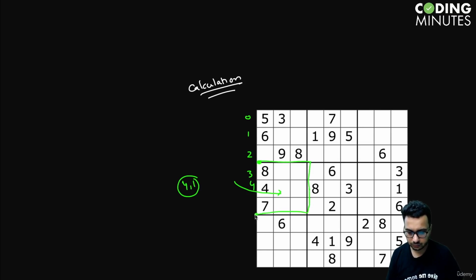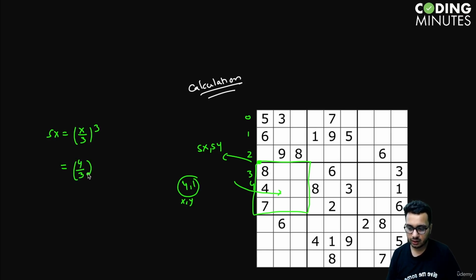If you look carefully, you can easily find out the subgrid. Let us say this is Sx and Sy, the starting point of the subgrid, and this is x comma y. So Sx would be nothing but x by 3 into 3. Let me show you. 4 by 3 is 1, into 3 it is going to be 3, and Sy is going to be 1 by 3 into 3, that is going to be 0.